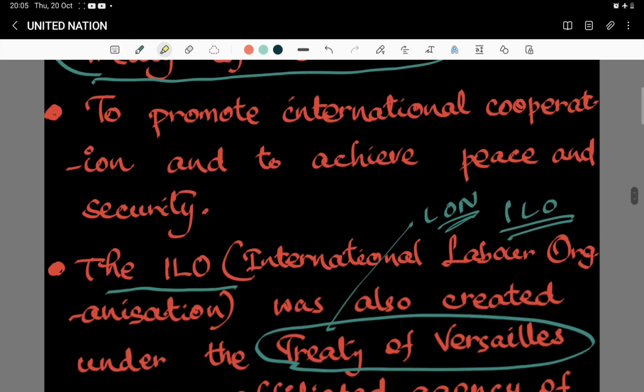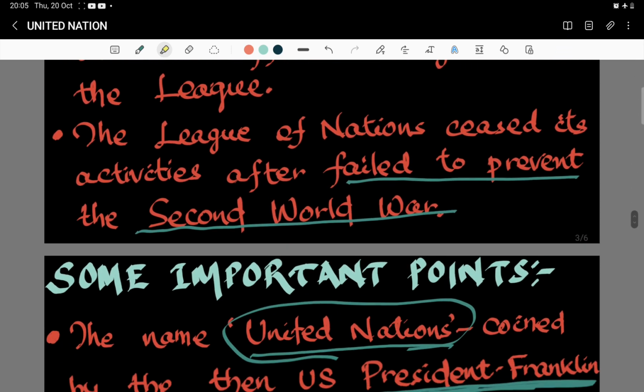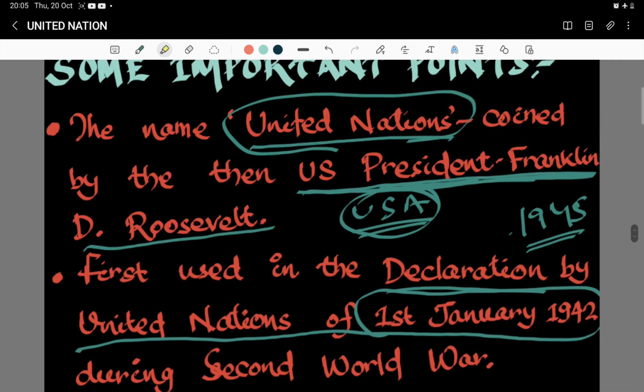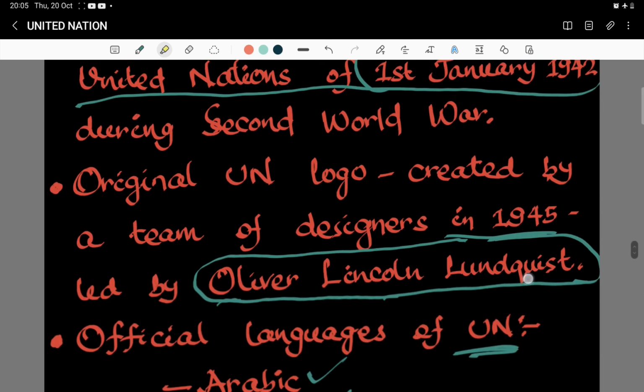Okay, there are some important points. The term United Nations was coined by the then US President Franklin D. Roosevelt, and it was first used in the Declaration by United Nations on 1st January 1942 during the Second World War.